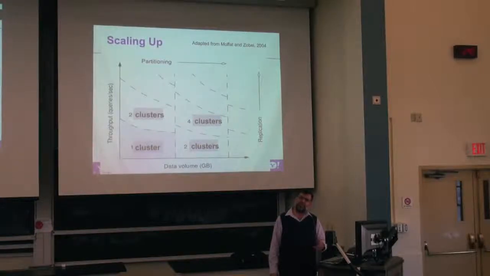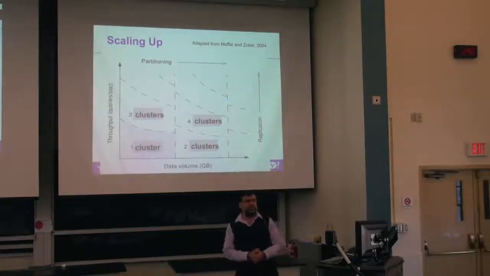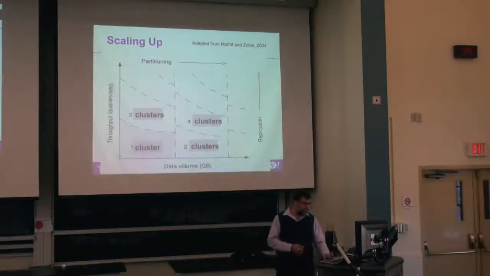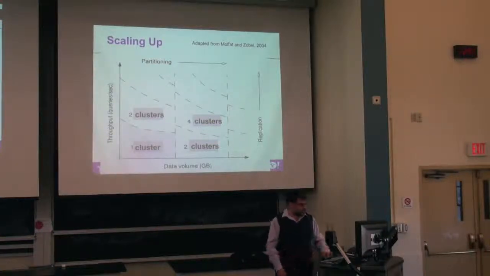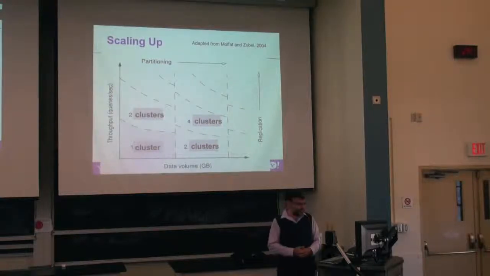Scaling the data is a bit harder because you have to do partitioning, and there are many ways to partition data. The optimal way would probably be NP-hard, depending on what you try to optimize. But you can do it: you copy the same system, same software, but with different data, and you have to change the query processing because you will need to send the query to maybe more than one place.